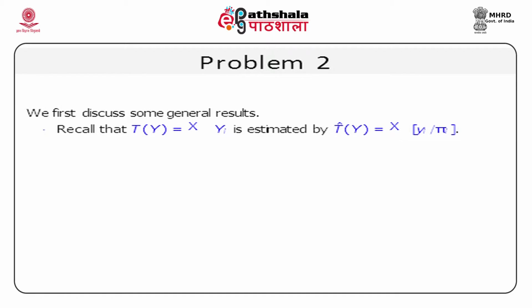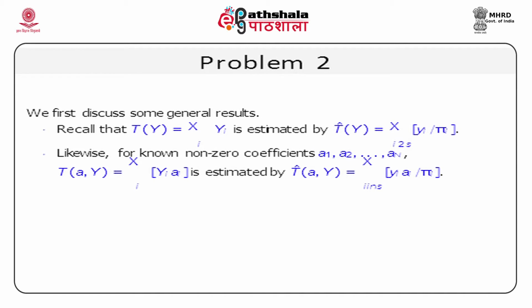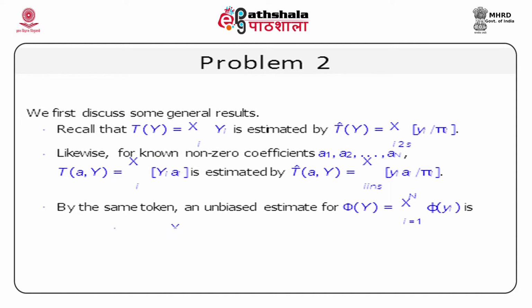Recall that the population total can be estimated by summing over I belonging to S y I over pi I. Likewise, for known non-zero coefficients a1 through capital N, T of a comma y is equal to summation y I a I, and this is estimated by summation over all sampled units y I a I divided by pi I. Now, by the same token, an unbiased estimator for some function phi of y, summation small phi of y I, is given by phi hat y, which equals summing over the sampled units phi of y I divided by pi I. So, as you can see, these are all additive functions.